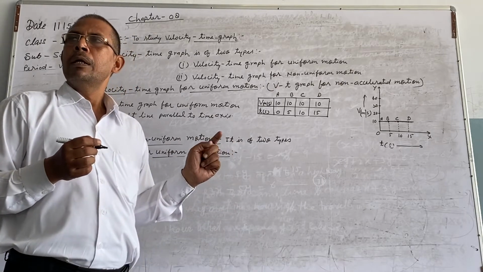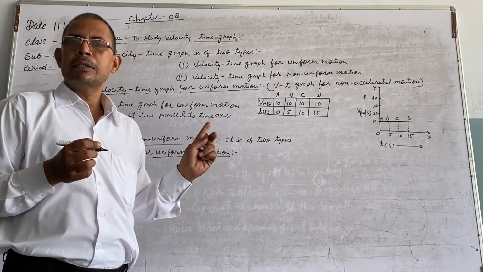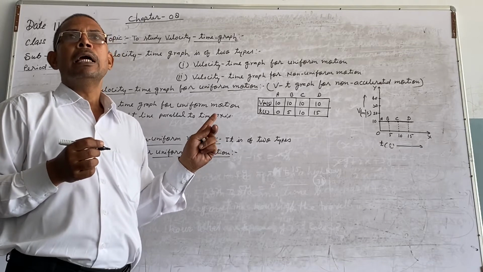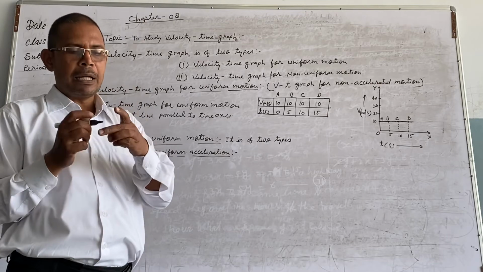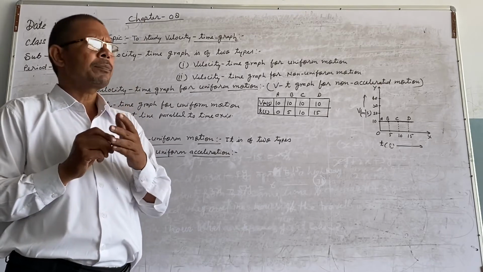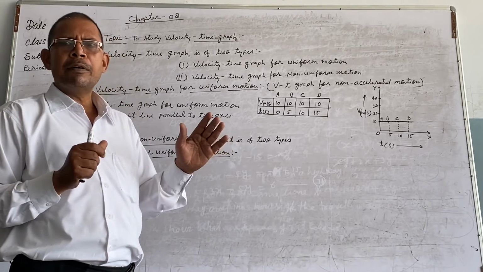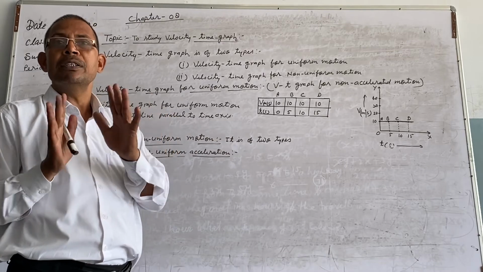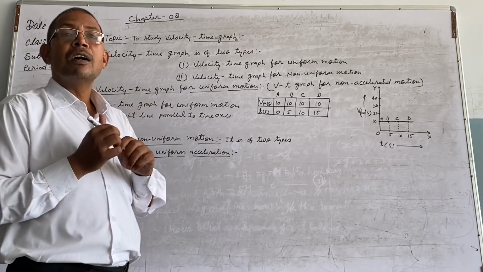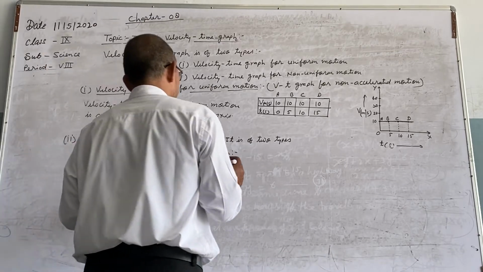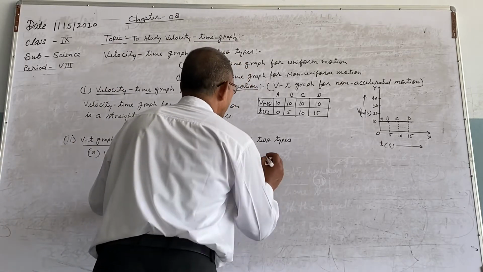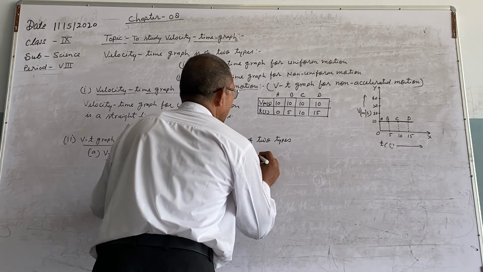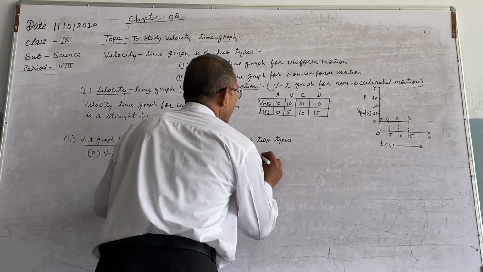When does a body have uniform acceleration? When the rate of change of velocity of a moving body is constant. Here take a data.